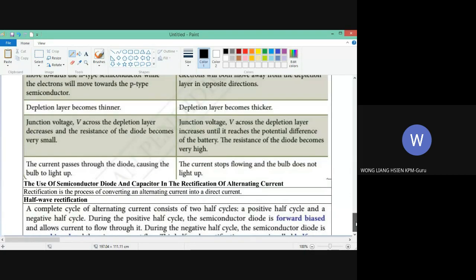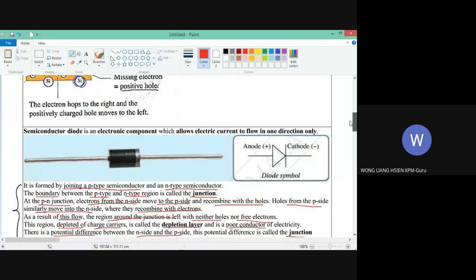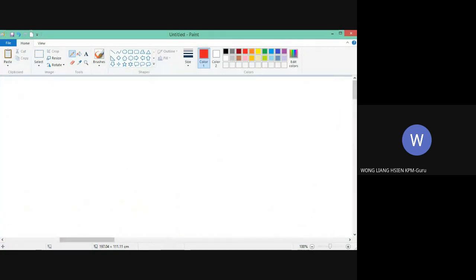Okay, so continue. The use of semiconductor diode and capacitor in the rectification of alternating current. This is the application of the semiconductor diode.